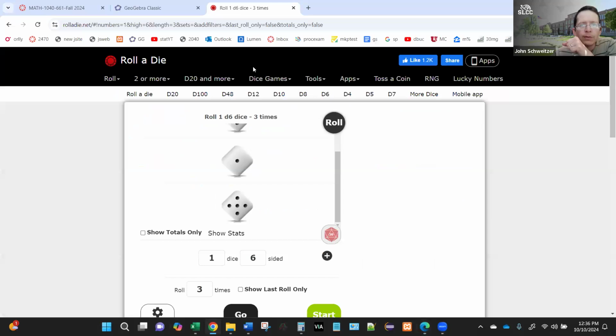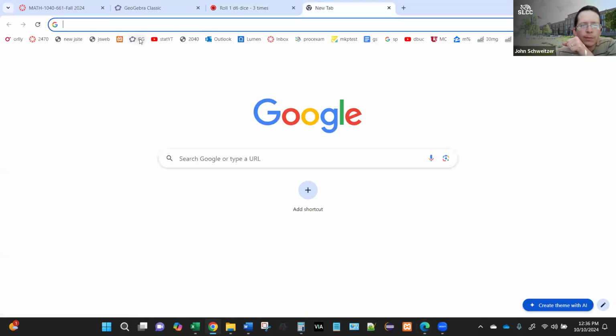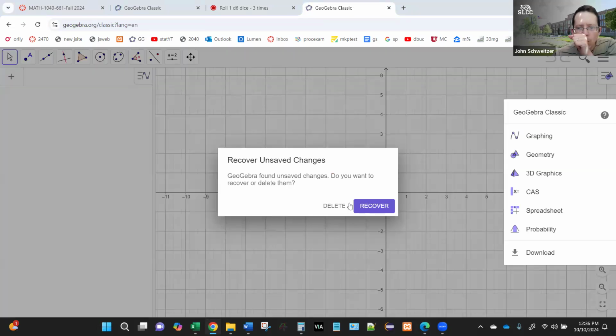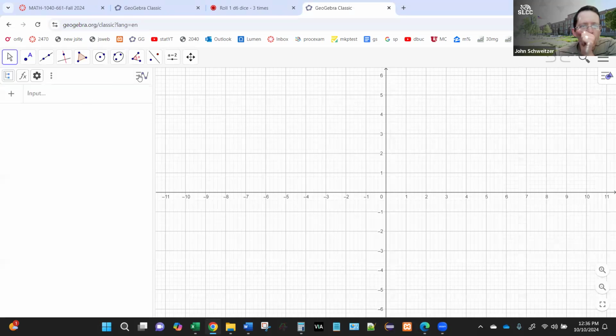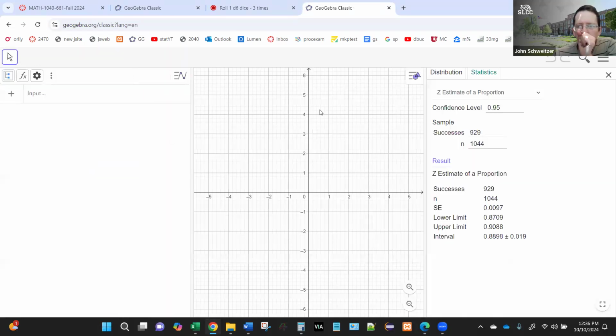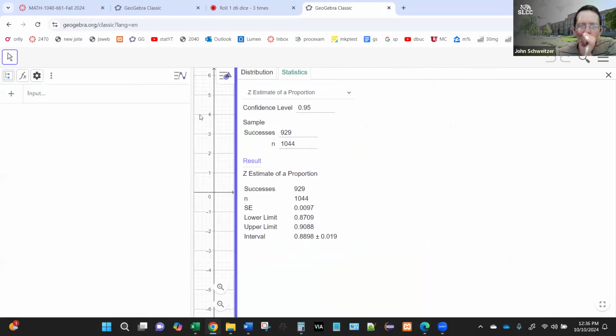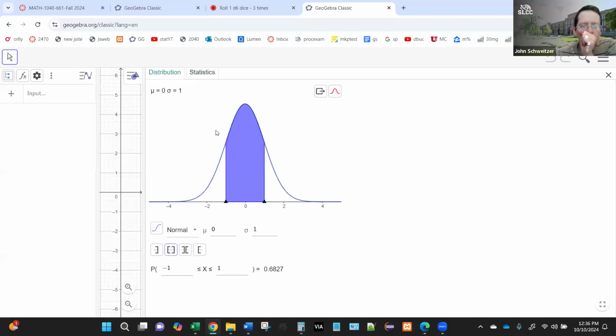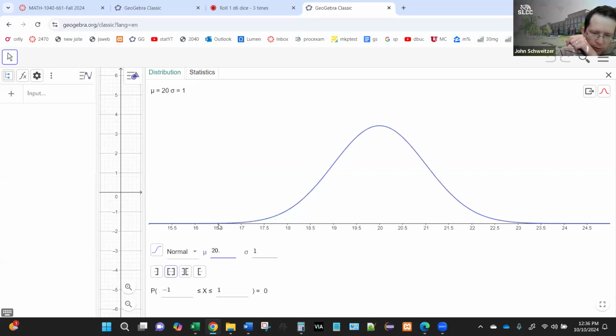So we're going to open up GeoGebra, go to the probability calculator, and go to distribution. We've already said that the mean is 20.4. The standard deviation, the standard error, is 0.8795.